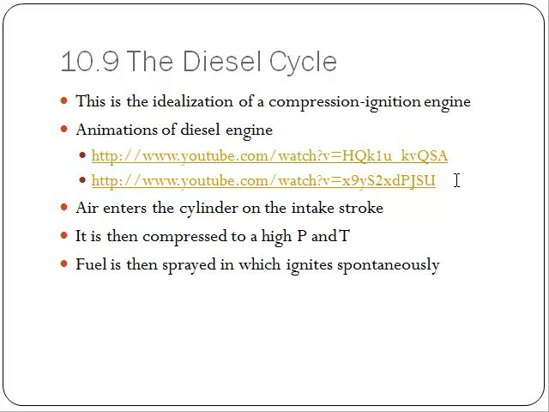So a diesel engine is going to work a little bit differently. I think these two animation videos for the different cycles will give you a little bit of an understanding of what is going on inside the engine.